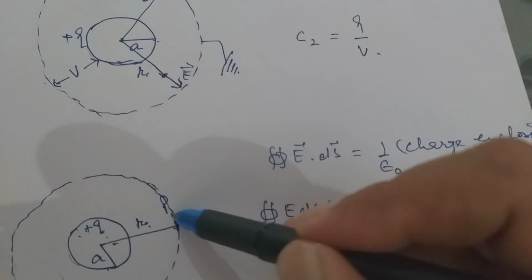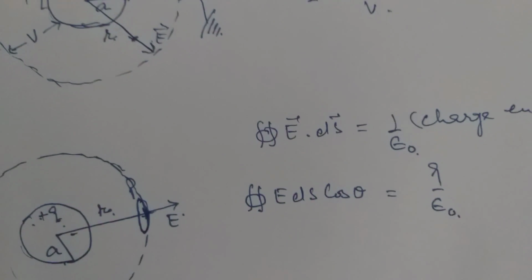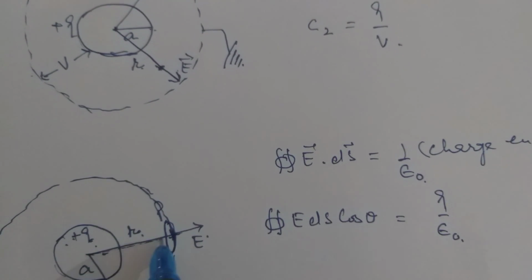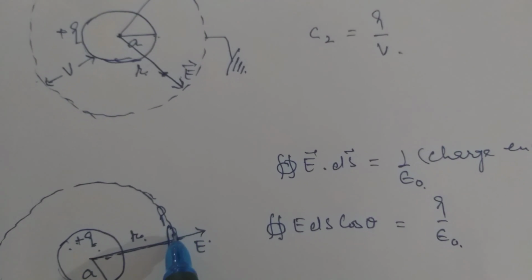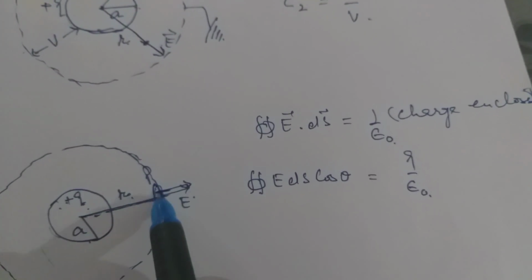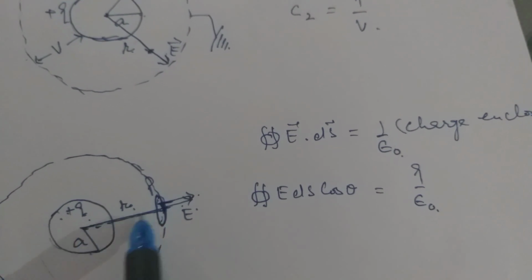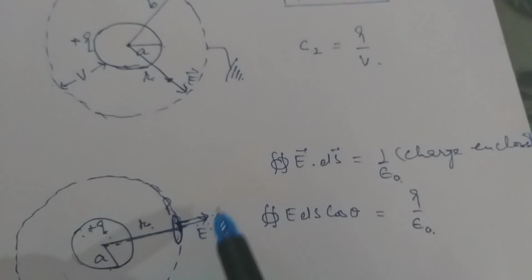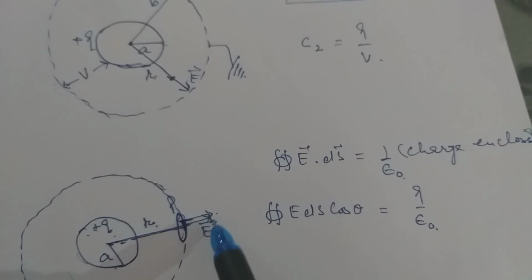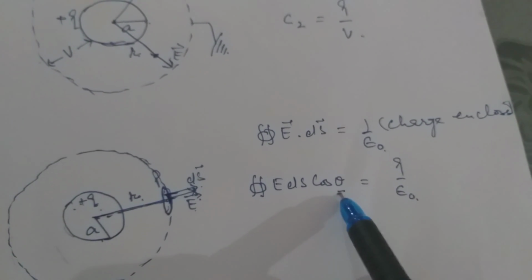Now ds is a small area element of the Gaussian surface, and the area vector is always normal to the surface and is along r cap, that is in the direction of vector r. So E and ds are both parallel. The angle theta is 0.